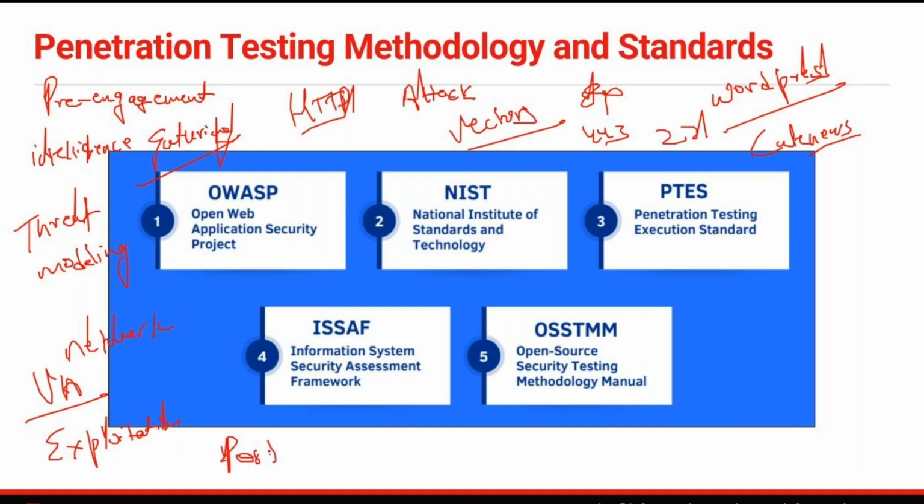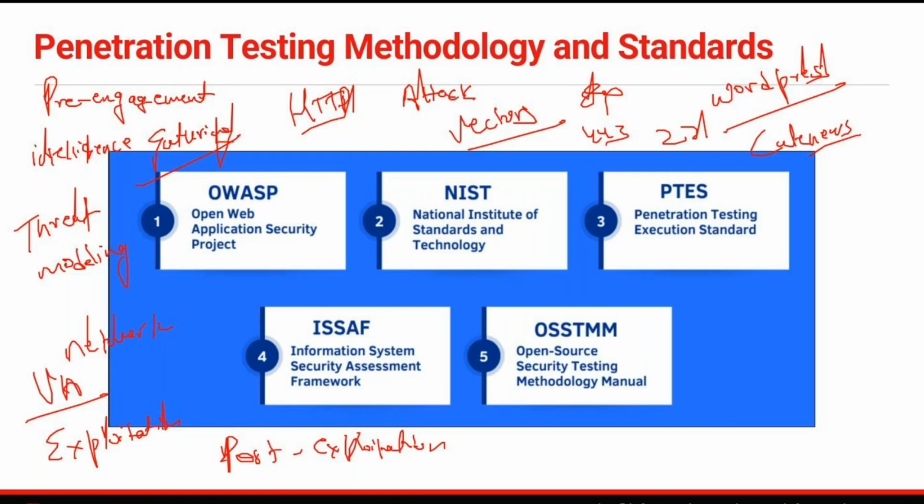Then post exploitation. Now post exploitation means you will analyze the consequences of successful exploitation and you will determine further attack possibilities, right? How the attack can happen further, what things can happen if an attacker finds out this vulnerability, how deep inside the network or web application the attacker can go.